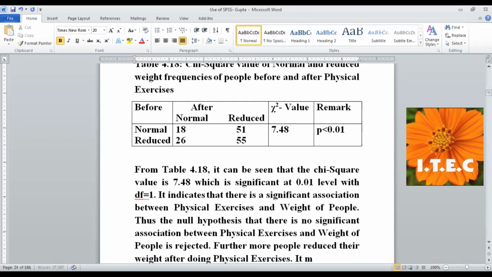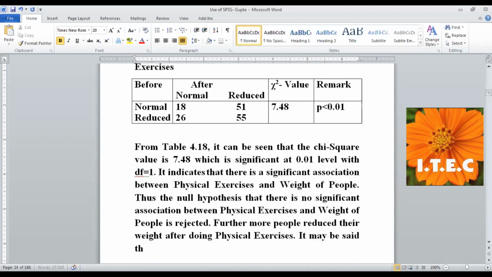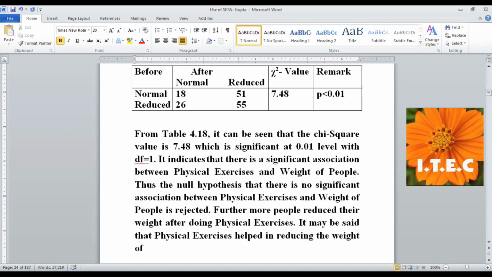So it may be said that physical exercises help in reducing the weight of people.